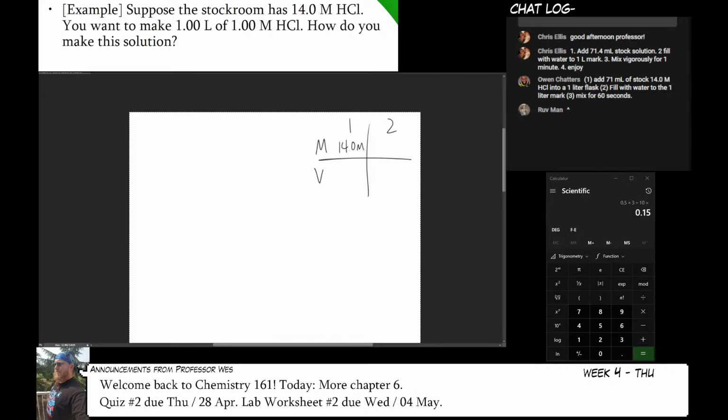All right, so our concentrated solution is 14 molar. And I want 1 molar HCl. And I want 1 liter of it.